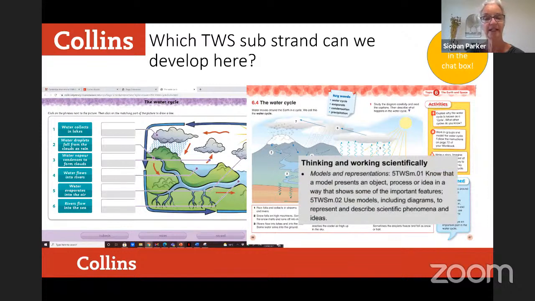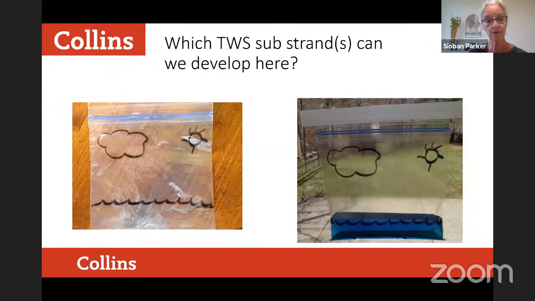I've taken it here, models and representations from stage 5. I took that one stage further, in fact, and got them to carry out their own experiment, but they had to plan it first, and then analyze the results, so they made their own model of the water cycle.